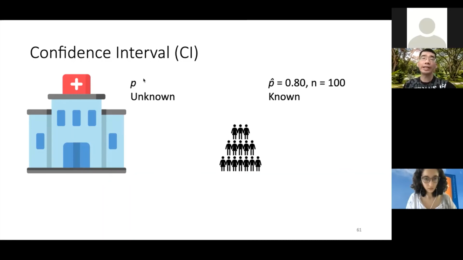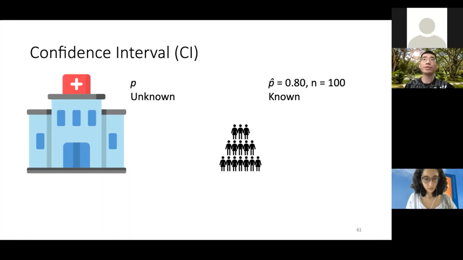But in reality, we do not want to test the model on the whole population because sometimes it is simply infeasible to do so. And therefore, the population accuracy p is unknown. And the question is, can we get a sense of how well the model will perform on this population by using a small sample of patients?